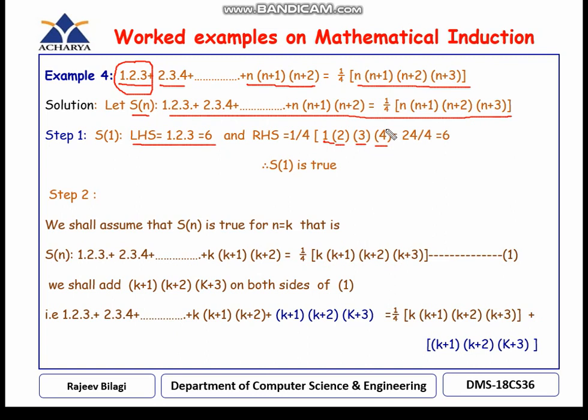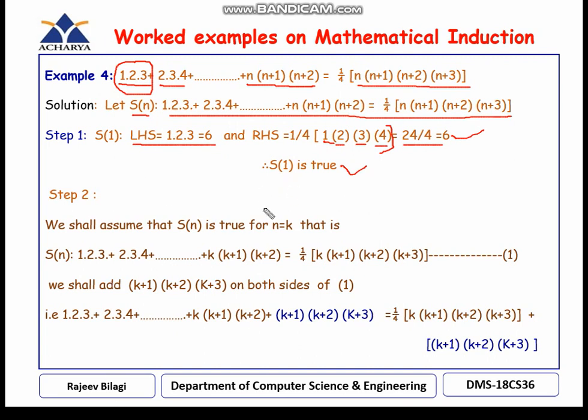So if you find out the value, what you are going to get is 24 divided by 4, which is equal to 6. I will say that S of 1 is true.